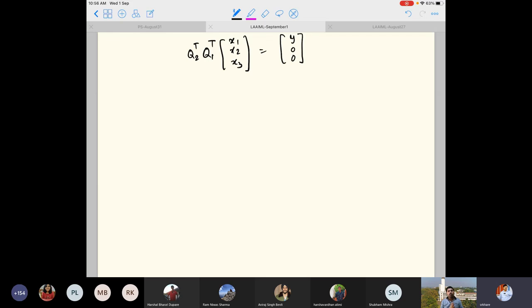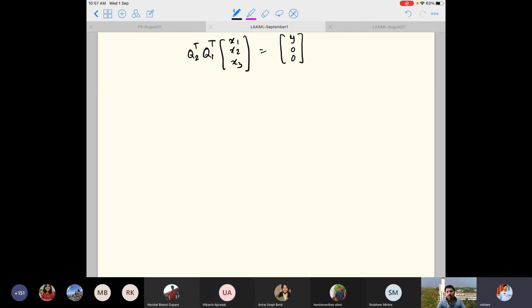And inductively, you can show that you will have a train of orthogonal transformations, train of rotators, Q1 transpose, Q2 transpose, Q3 transpose up to Qn minus 1 transpose. Then you will have all the rotators for the second column, third column up to n minus 1th column, right? So n minus 1th column will only require one rotator, and you can write it down very nicely into a QR decomposition.